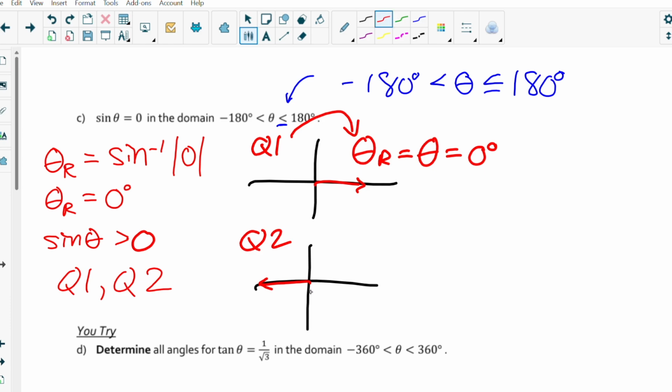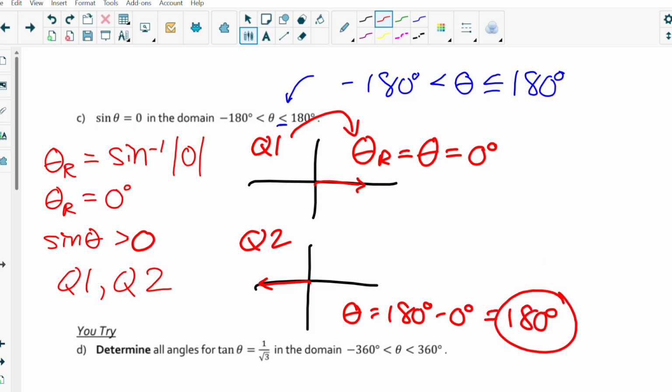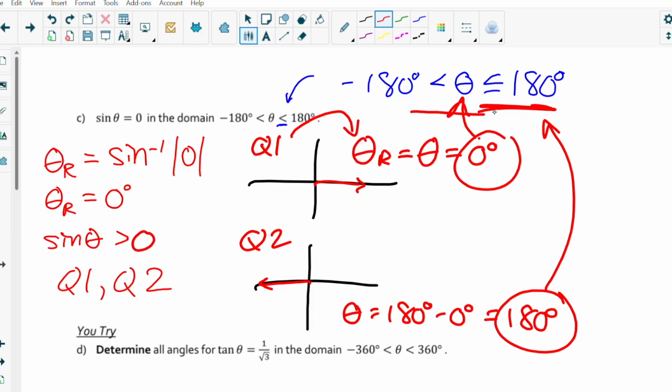Okay, so quadrant 2, the reference angle is 0. So how do I find the angle in standard position? That's 180 degrees minus 0 degrees. That's 180 degrees. So your solutions are 180 degrees. That 180 fits in the domain because it's equal to it or less than it, and then the 0 also fits within this domain. Okay.